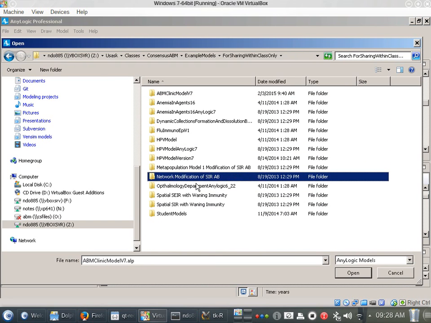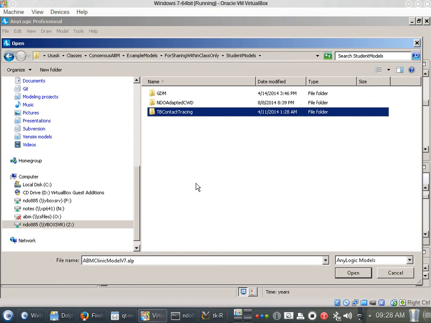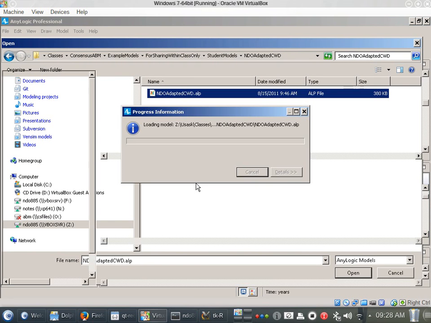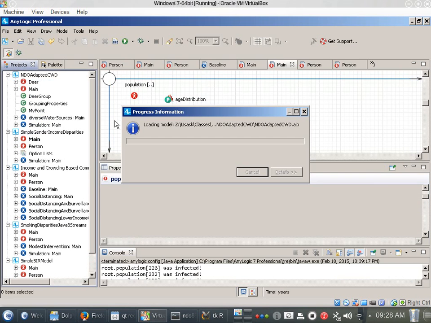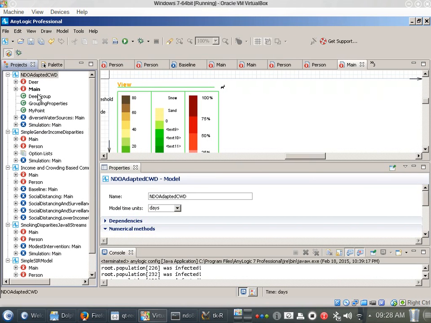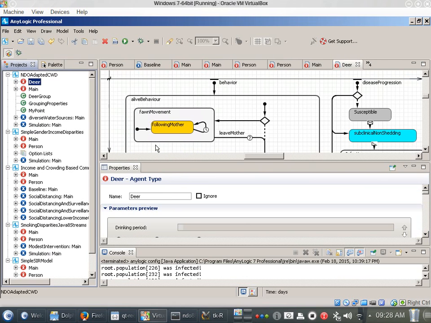But if we go here to student models, this is a model which was built in 1 semester by students in one of my classes, and has since been elaborated greatly. This is a model of deer behavior.